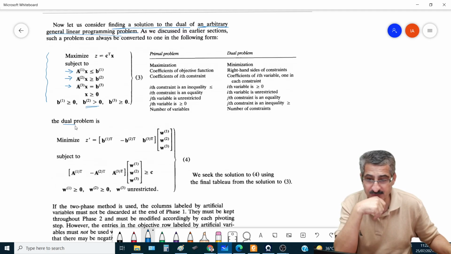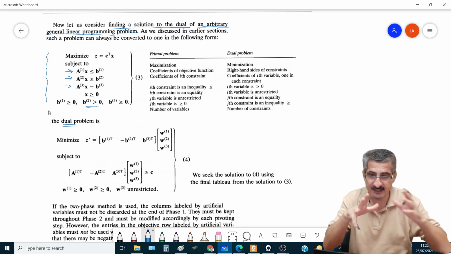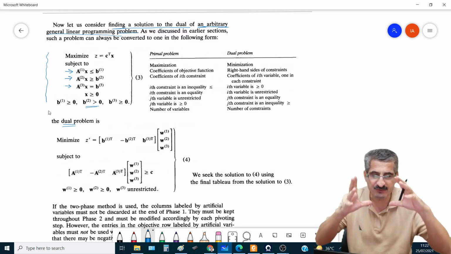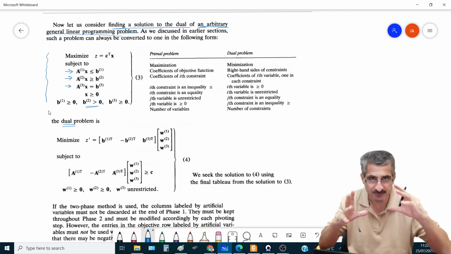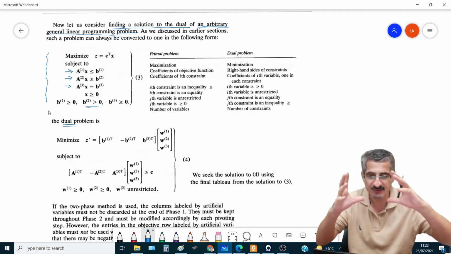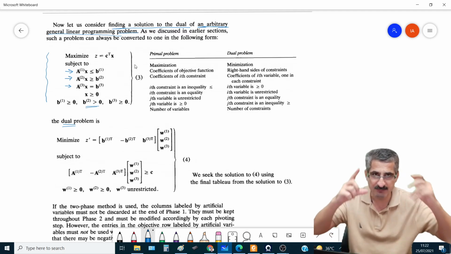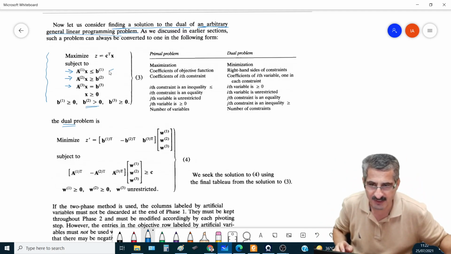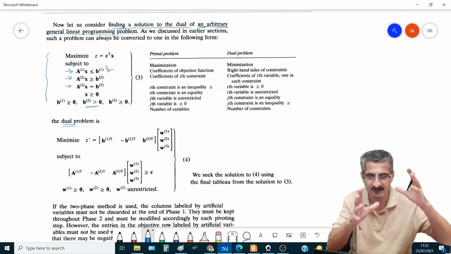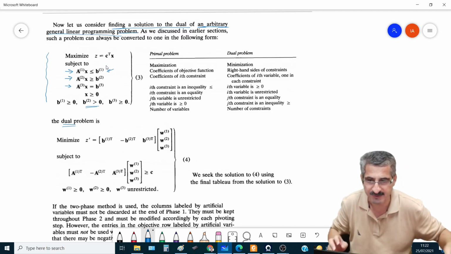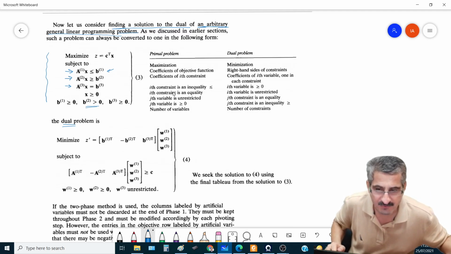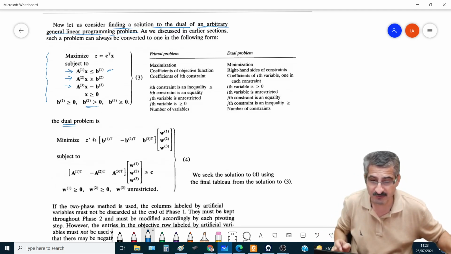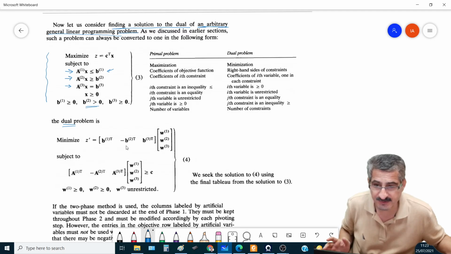Now let's form the dual problem of this. A parentheses 1 means the first set of constraints that are less than or equal. We put them together and make a matrix for them, so A parentheses 1 means the matrix of that part, and B parentheses 1 means the resources vector of that part, and so on. Now make the dual problem. So this is the dual problem.